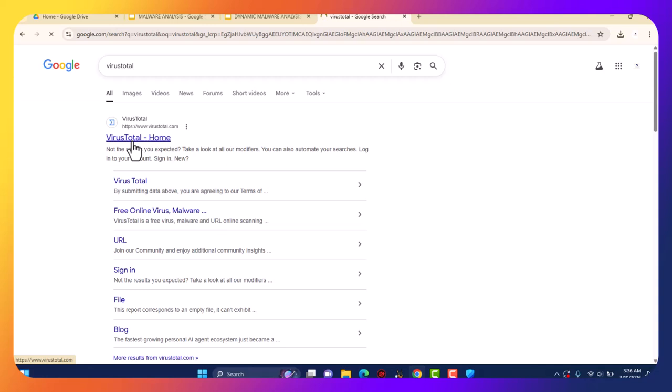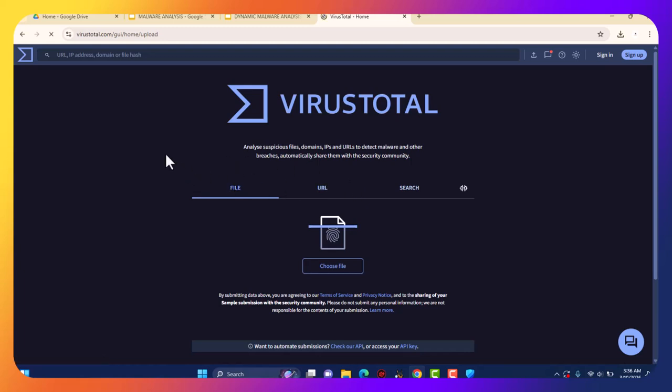Look at it on the screen. Everybody open it. VirusTotal. Look at the screen.